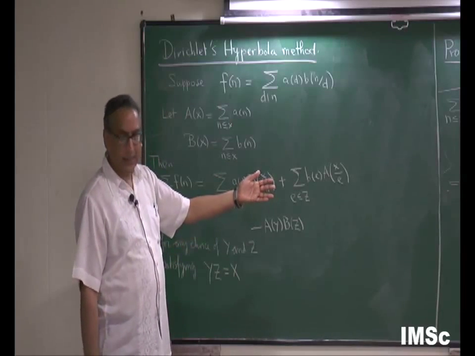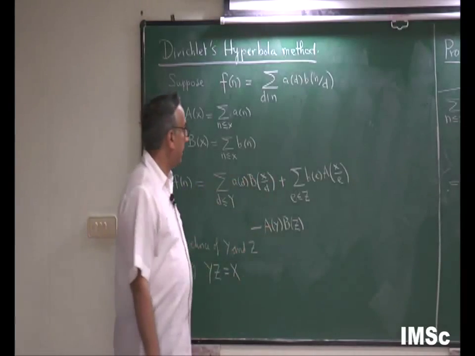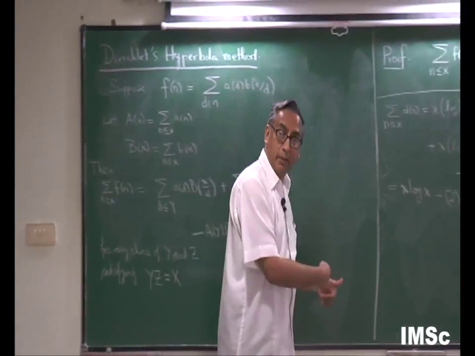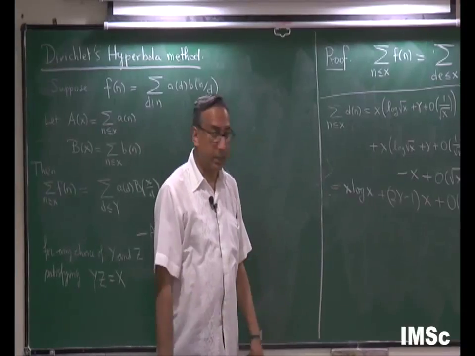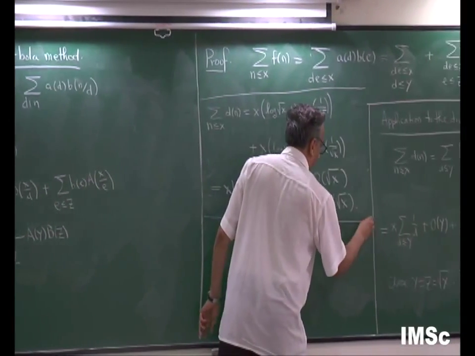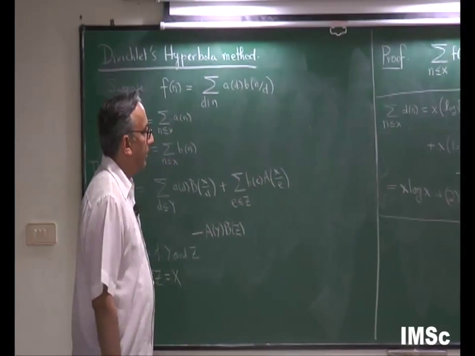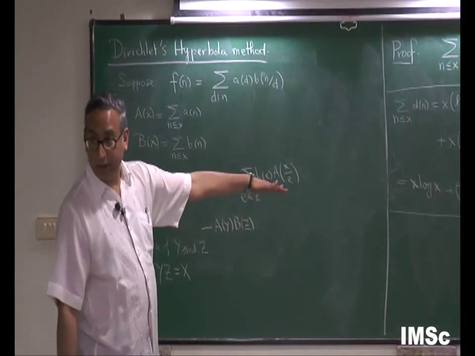It's not always the case that the optimal choice is root x. Sometimes, especially when something converges, different choices can be made. So I'll let you play with that as part of your homework. Okay, so it's very elementary, but you can start getting error terms.